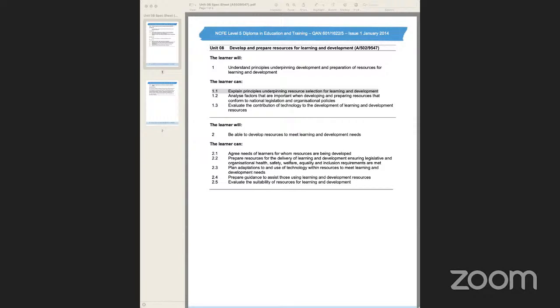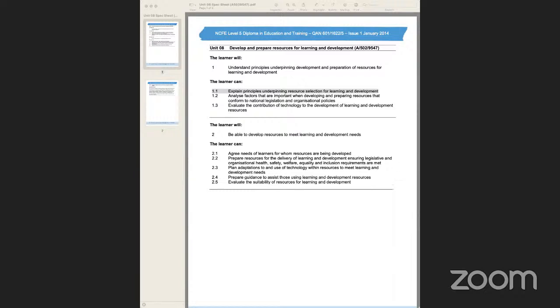Whether we talk about learners in school, primary education or secondary education, FE or HE, what do we need to do as teachers to develop resources which are going to be useful for our learners in terms of meeting their requirements.